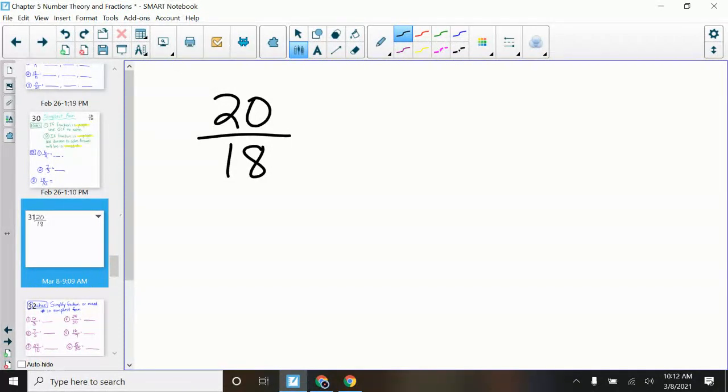Now, what's your denominator? Now, simplify that fraction. Put this whole number next to your line on it. That's right. You got it right.